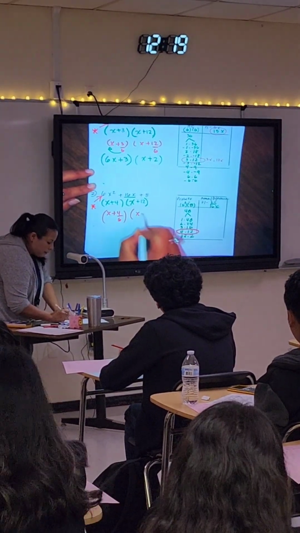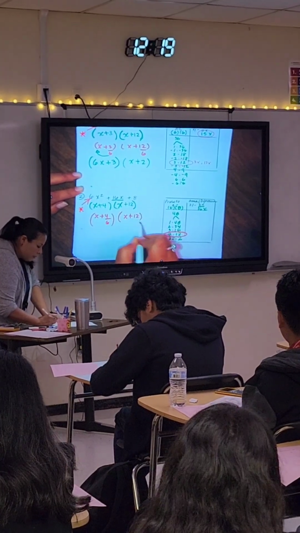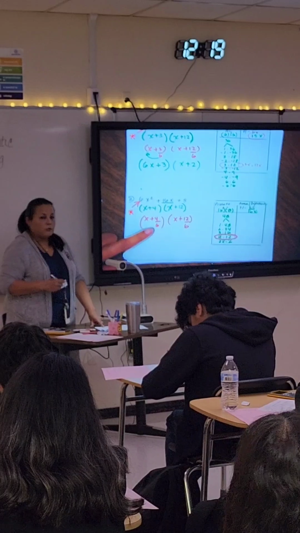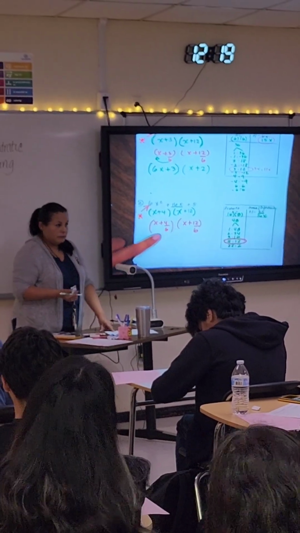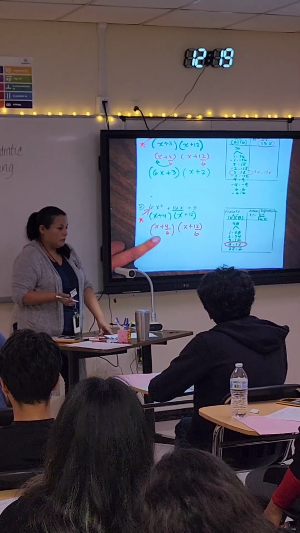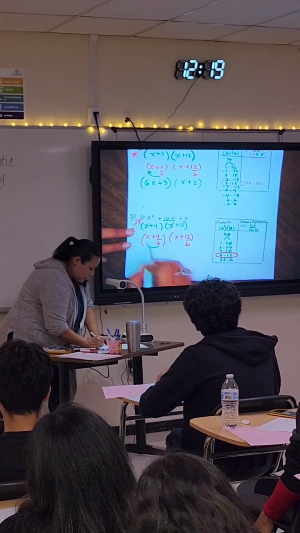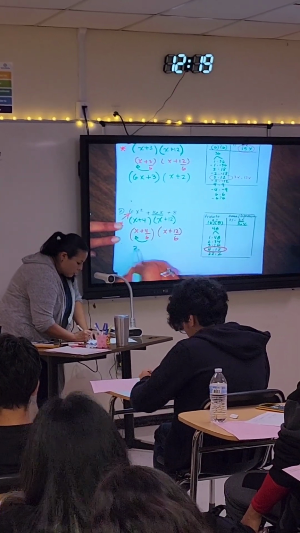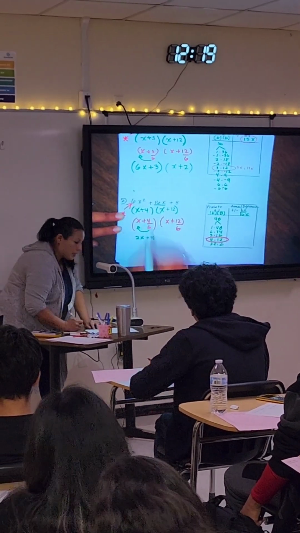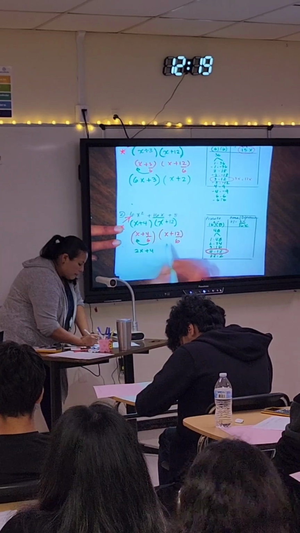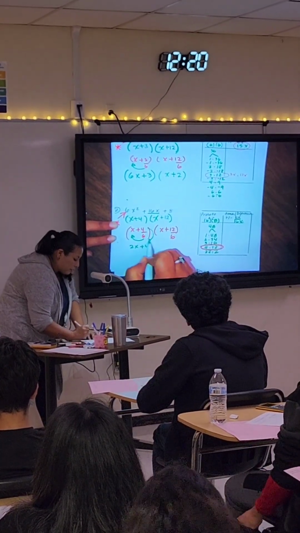The same on the other binomial, I'm going to divide it by 6. With the first one, does the 6 go evenly into a 4? Yes or no? No. So what do I do? Slide it. So my answer will be 2x plus 4. My 4 stays the same. Okay? My 6 goes in front of the x. My 4 just comes down the same.